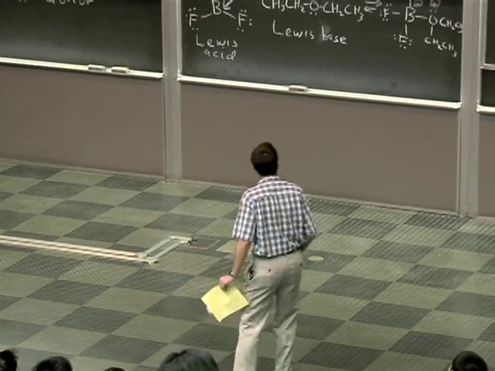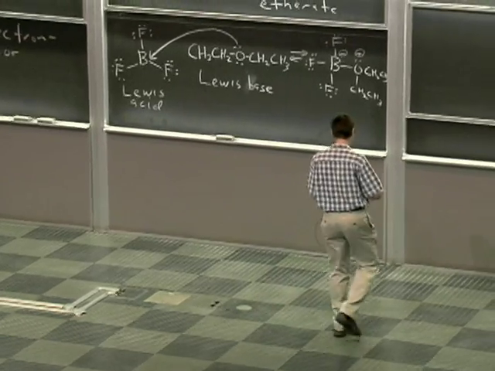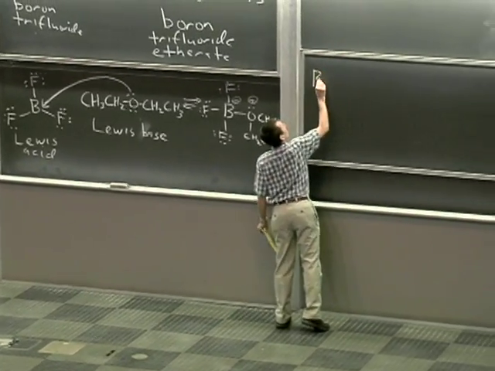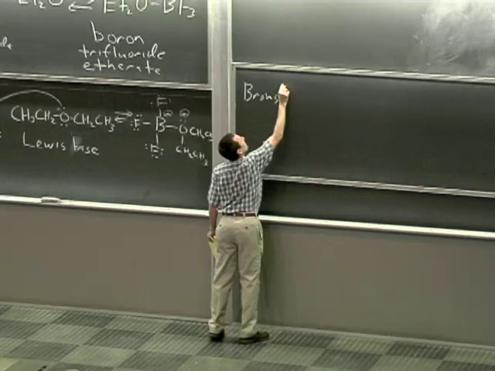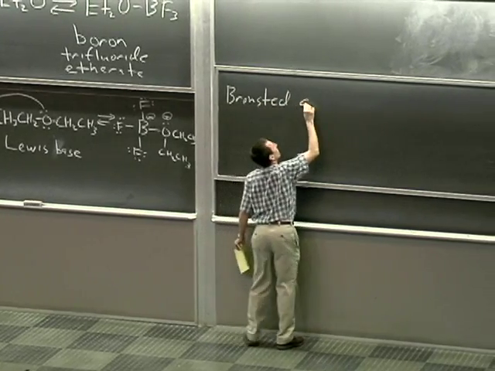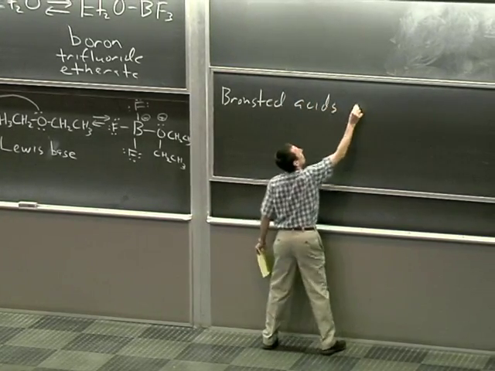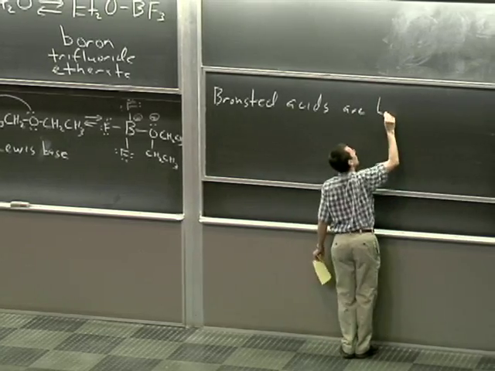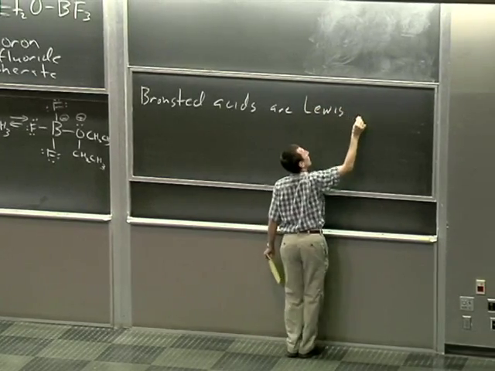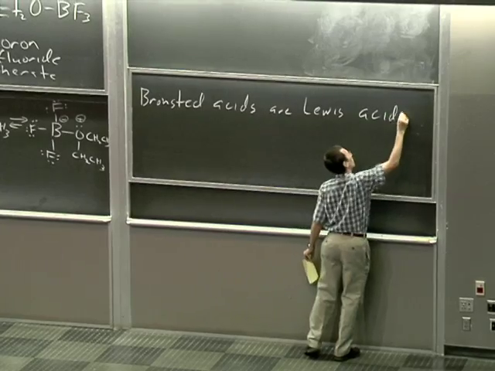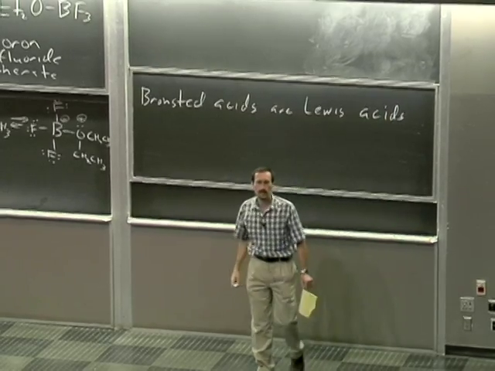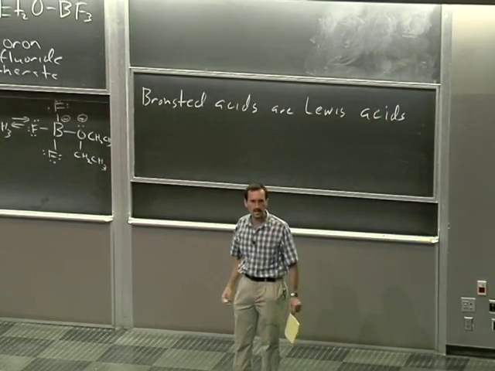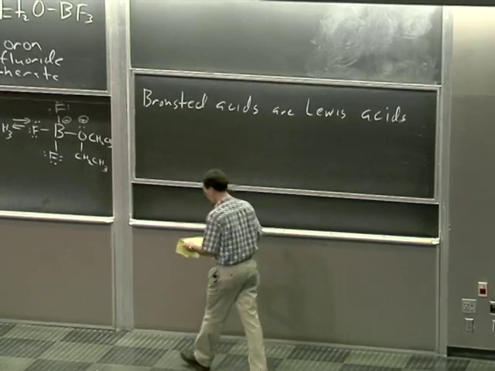In other words, all Bronsted acids are Lewis acids. And all Bronsted bases are Lewis bases.